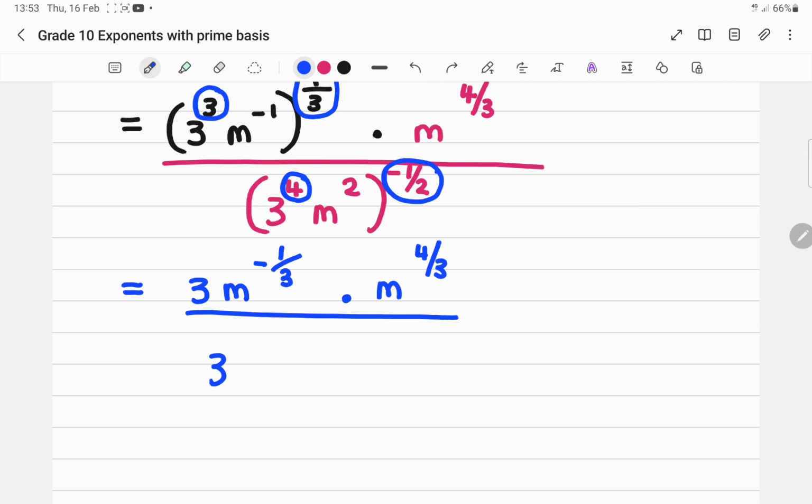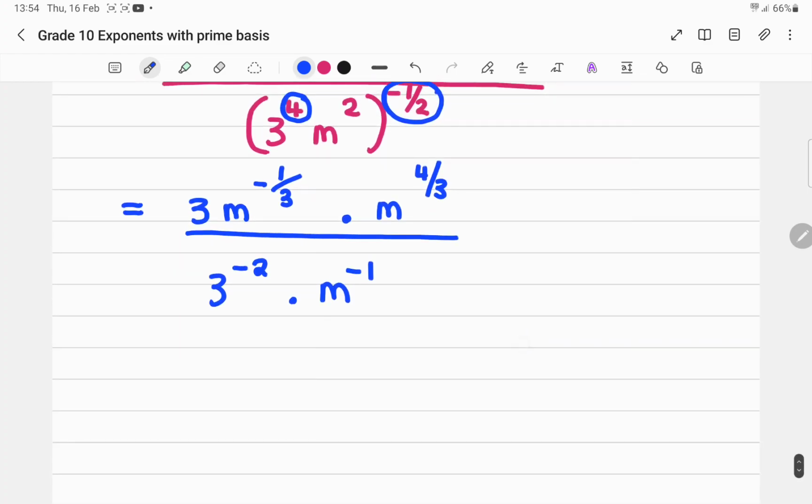That's what I thought, sorry, I punched it in correctly. So negative 0.5 times 4 gives you 3 to the power negative 2, times m to the power 2 times negative a half. So negative 0.5 times 2 gives you negative 1.